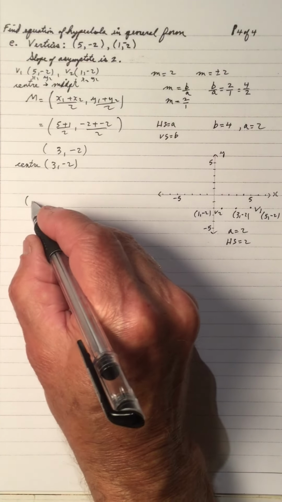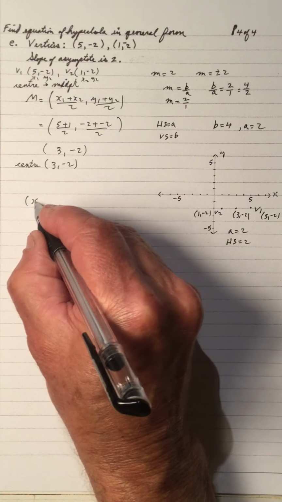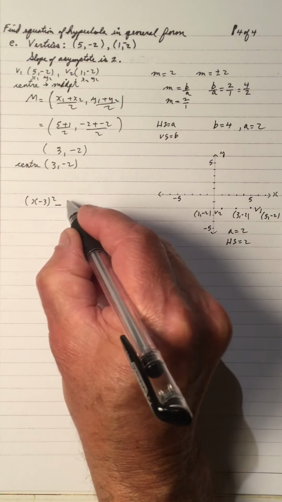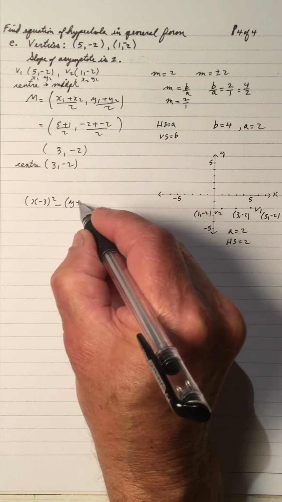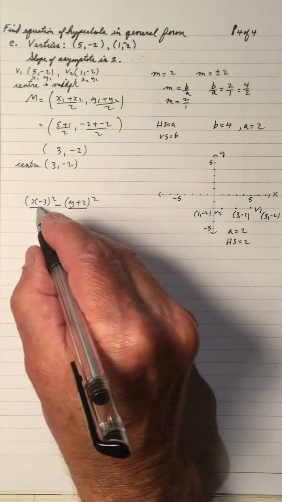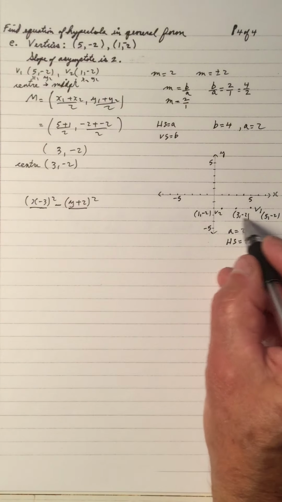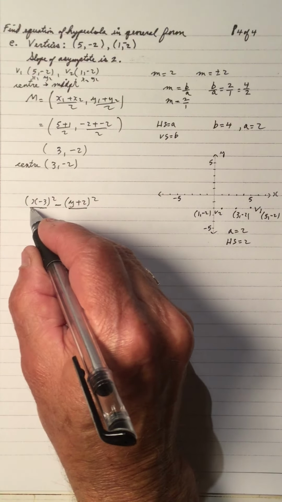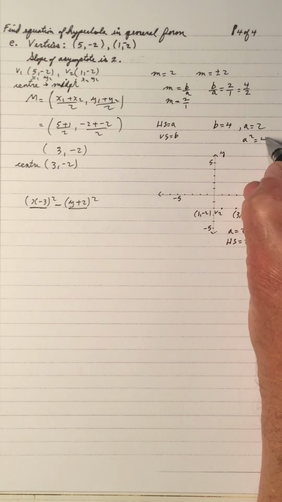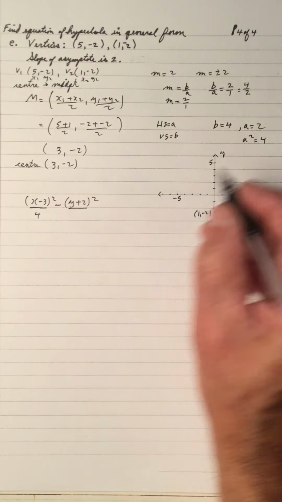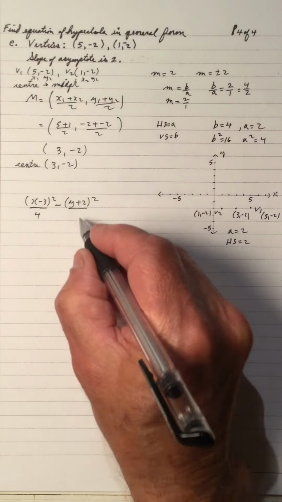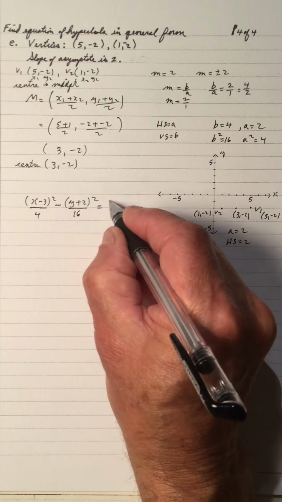We have x minus 3 squared, subtract y plus 2 squared, over, since the transverse axis is x, this is the a. a is 2, so a squared is 4. b is 4, so b squared is 16, equals 1.